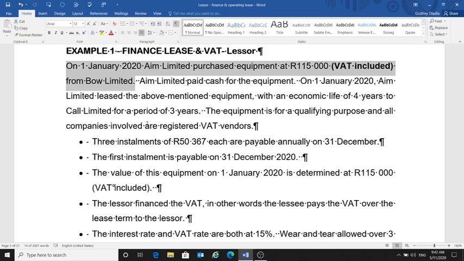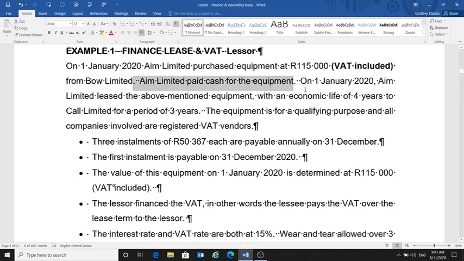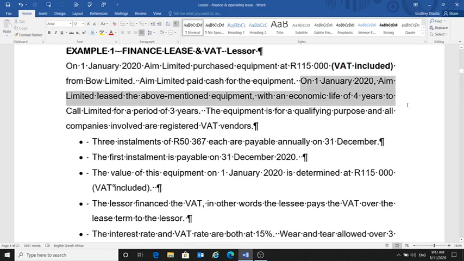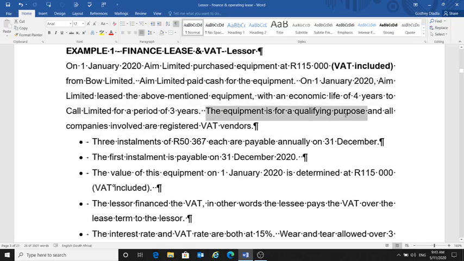So AIM paid cash for it. The same day, AIM leased the above mentioned asset with an economic life of 4 years to Call for 3 years. And the equipment is for a qualifying purpose, meaning they can claim VAT on this one. And all companies involved are registered for VAT.